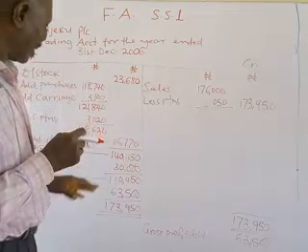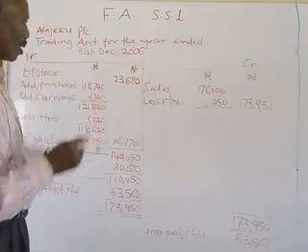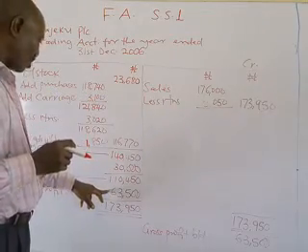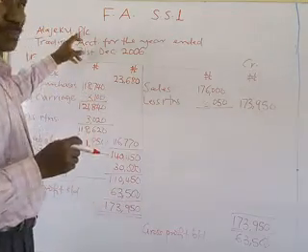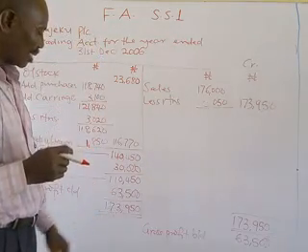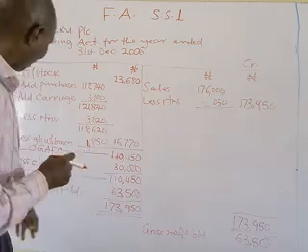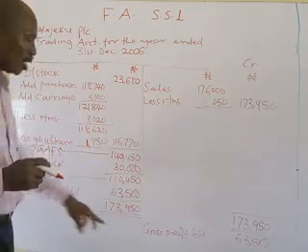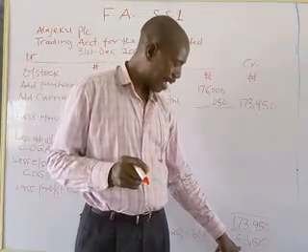From what we have done, we have been able to derive our gross profit for Alajeku PLC, which is 63,500 naira.